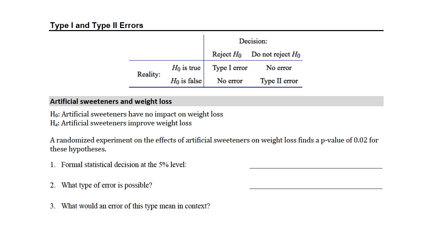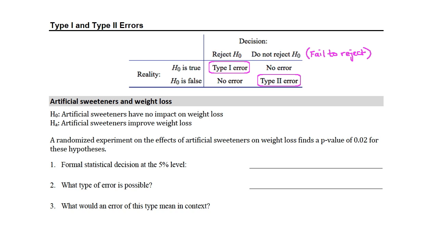As we can see here, there is a type 1 error in the event that we reject the null hypothesis even though it was true, and we have a type 2 error in the event that we fail to reject when the null hypothesis was false. The other two cases in this table don't describe an error.